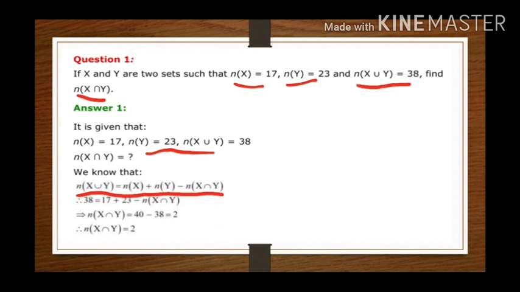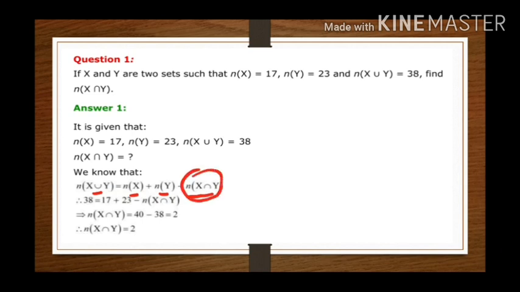You know the relation between the cardinality of two sets and their intersection and union. The formula is cardinality of X union Y equals cardinality of X plus cardinality of Y minus cardinality of X intersection Y. You have to find this value.